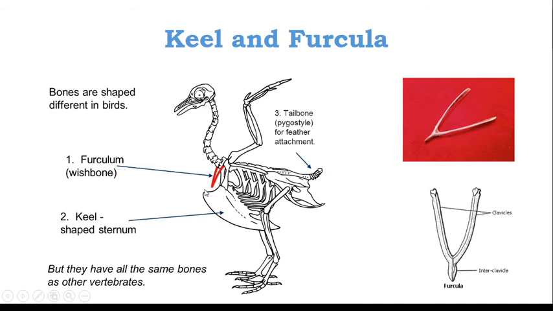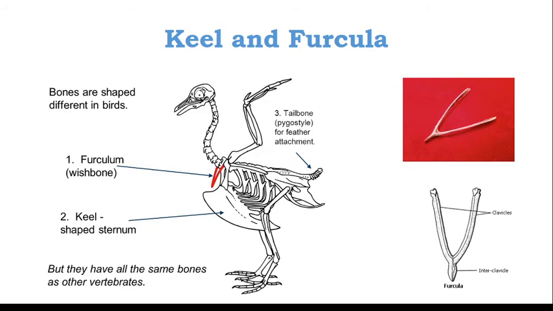It is present between the two pectoral girdles. So the wishbone is also called the clavicles, that is, the furcula.